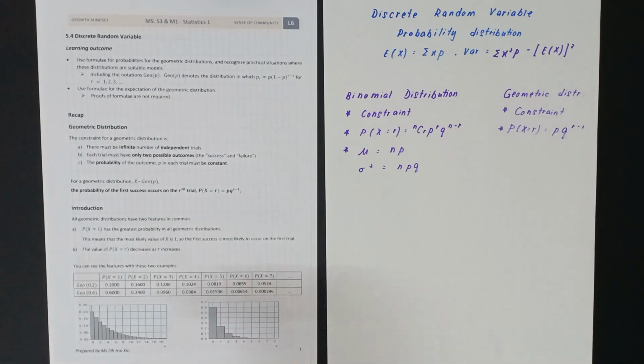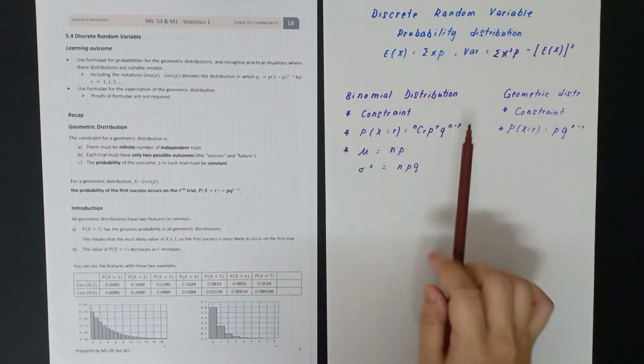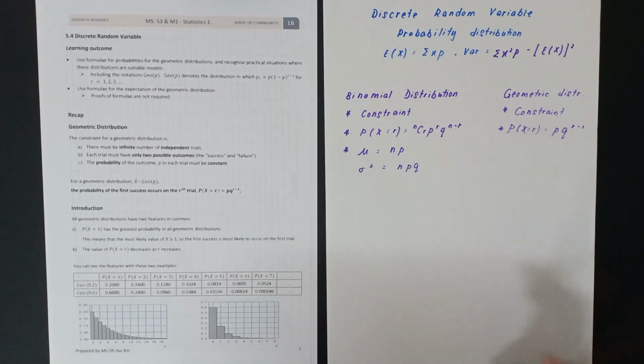So I want to explain something. You see, these are the 3 things that we learned. Of course we know that in discrete random variable we have a lot of distributions. Binomial distribution and geometric distribution are distributions that are specially produced within discrete random variable.